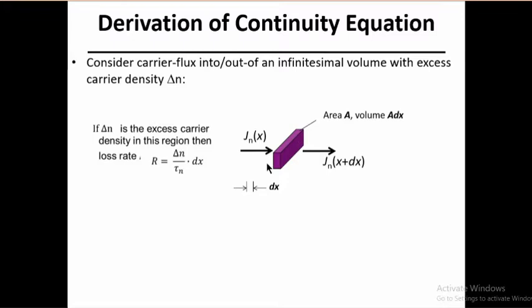This implies that the excess carrier in the semiconductor has a loss rate. We say that the loss rate is equal to del n over tau n dot dx.